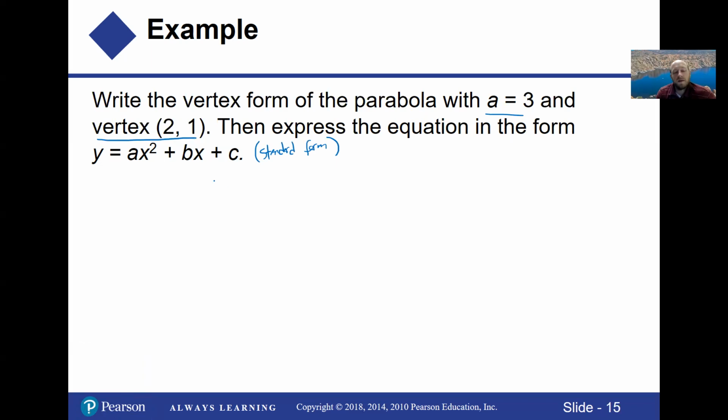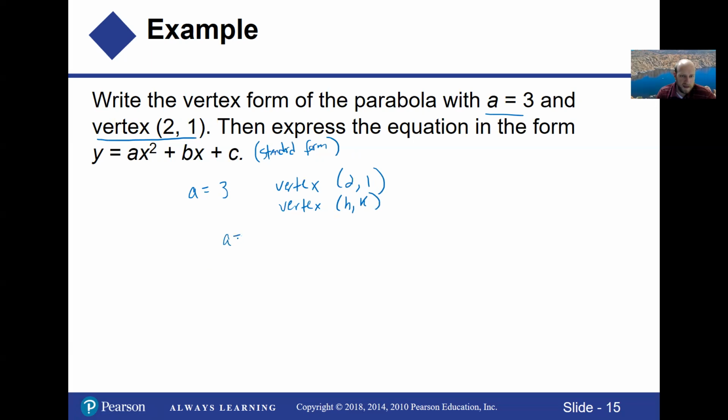Well, with just those two things, I can make this into standard form. I just need to know a couple of things. If a equals 3 and your vertex is (2, 1), remember the notation they used for the vertex was (h, k). So what can I say here?